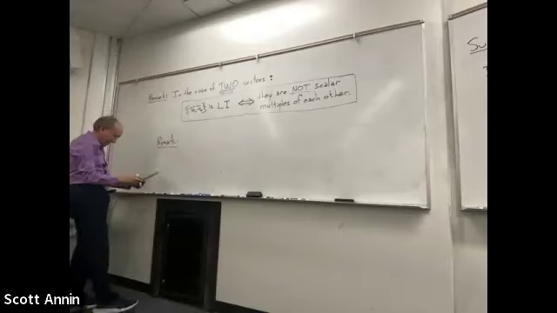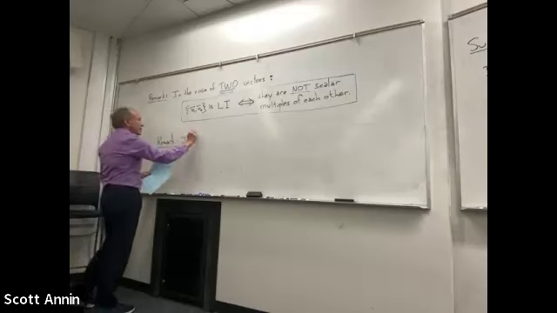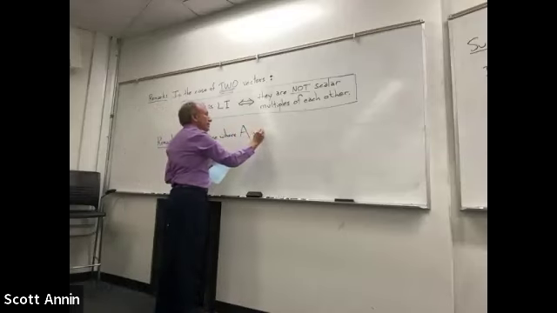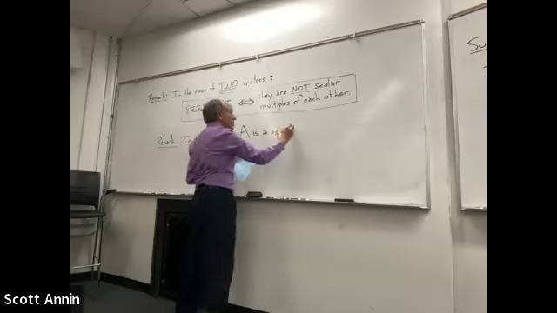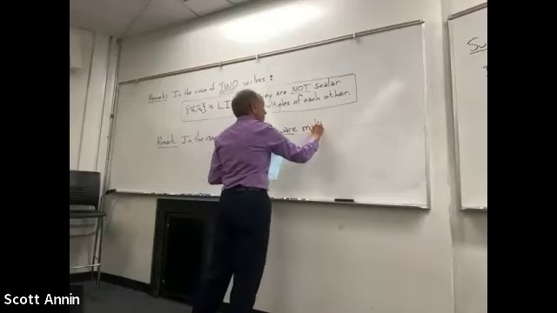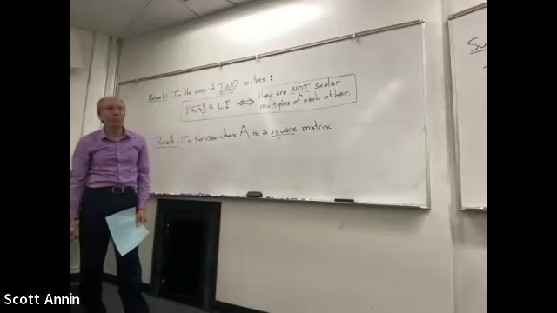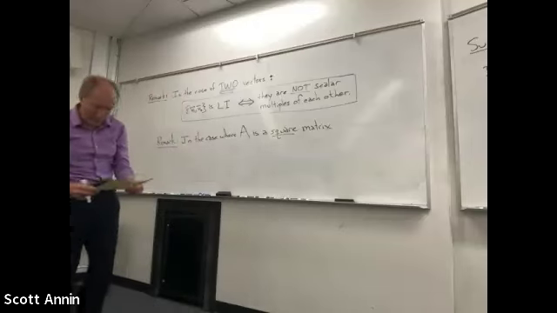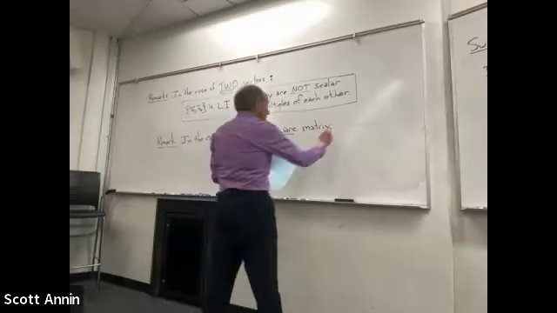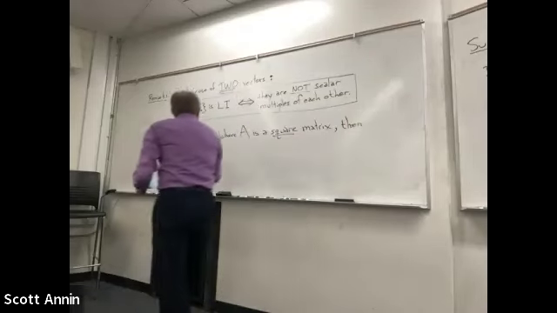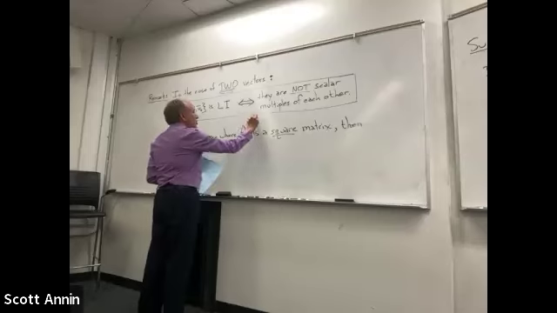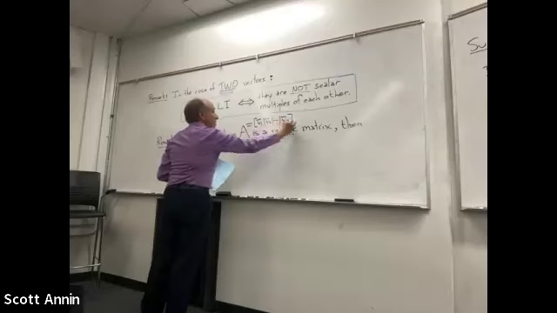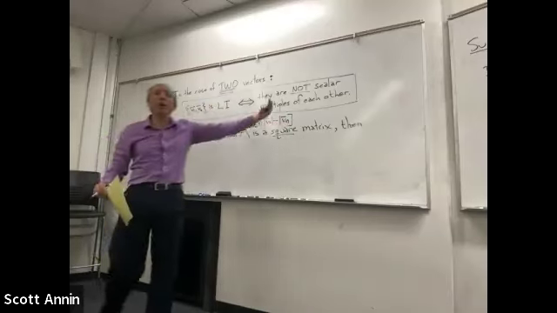Another remark here is that in the case where A is a square matrix, which is what we just saw in the example that we just did, in this case, A is just this matrix with v1, v2, up to vn. And I'm ignoring the far right column for now.